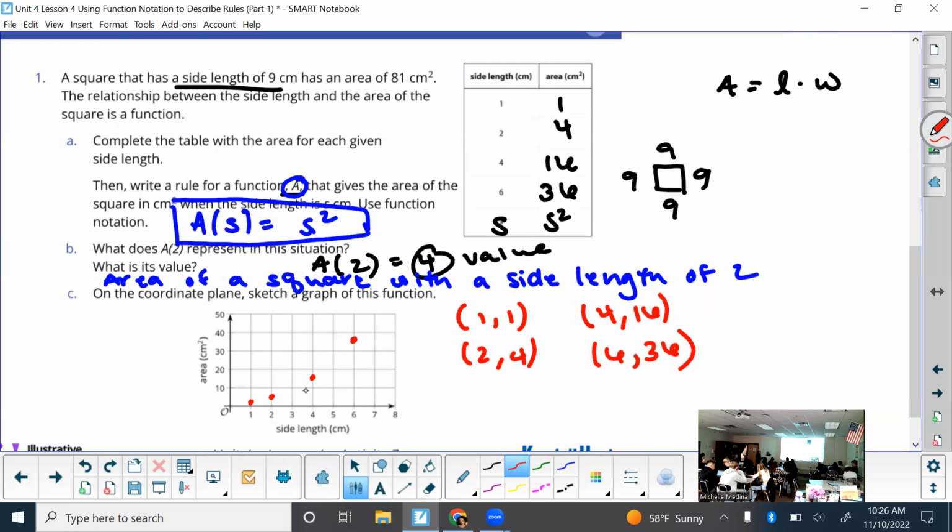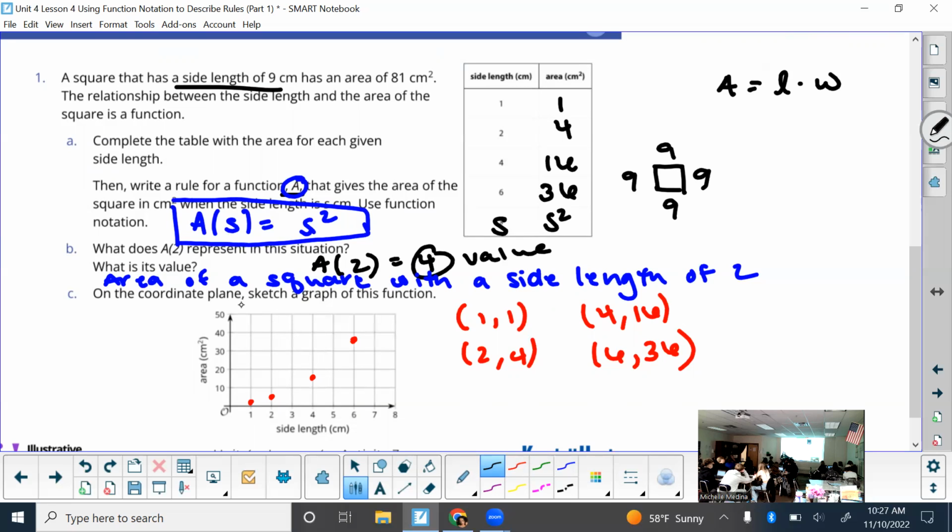Should I draw a line through these dots, do you think? Why do you think so? Just to connect them. It is a continuous graph, and here's how you know. Can I have a decimal of a side length? Yeah.